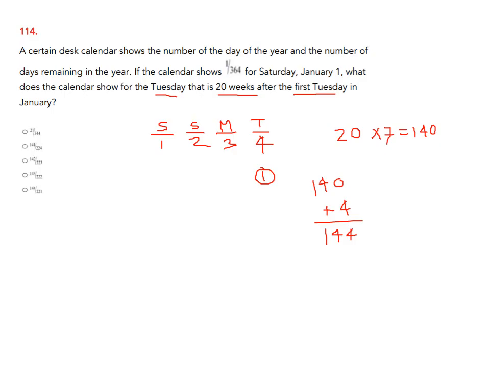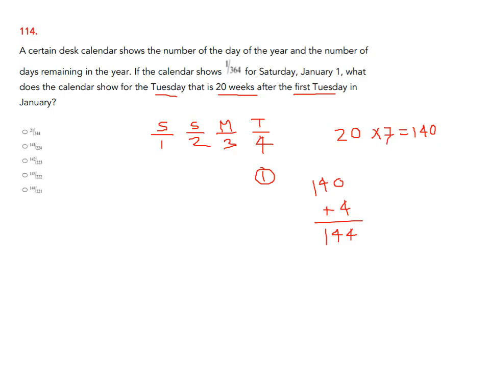Okay. Now calculate the 20 weeks in days. So 20 multiplied by 7 equals 140 days. Now remember, you have considered the first Tuesday as January 1, and in reality the Tuesday is actually January 4.